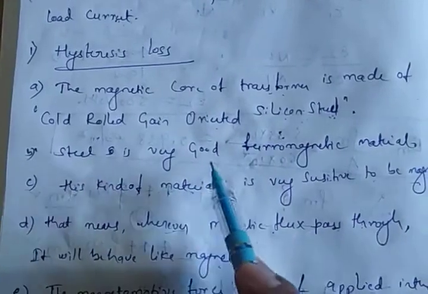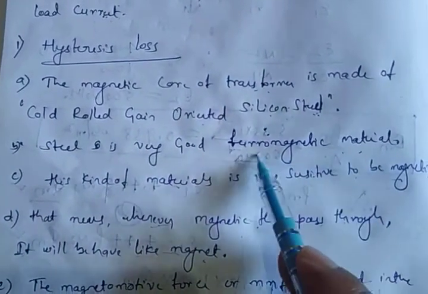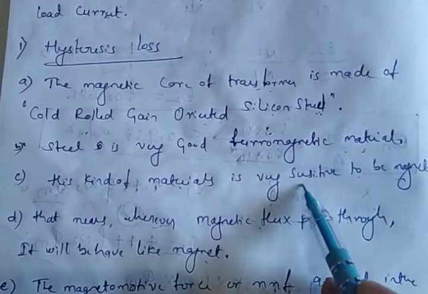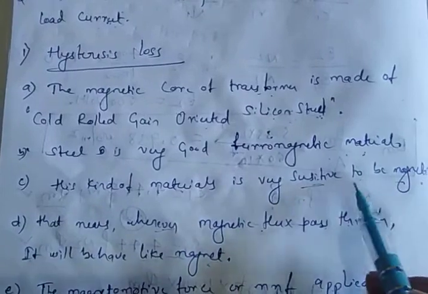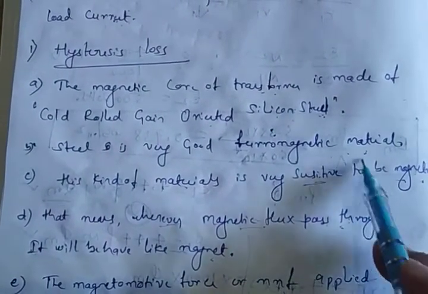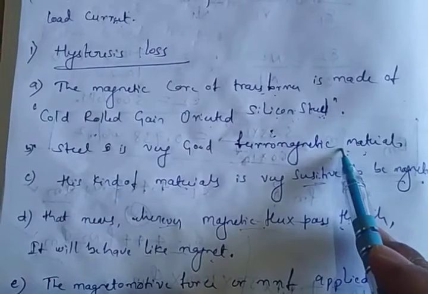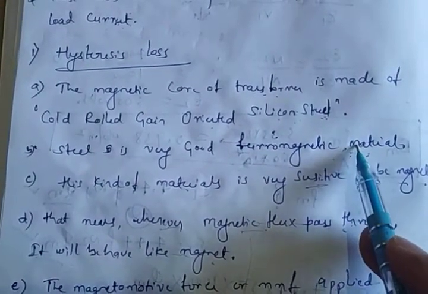This steel is a very good ferromagnetic material. Ferromagnetic materials are very sensitive to being magnetized, which means that whenever magnetic flux passes through these materials, they behave like a magnet.